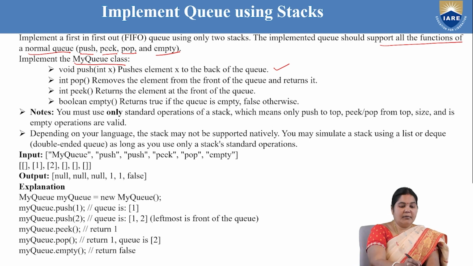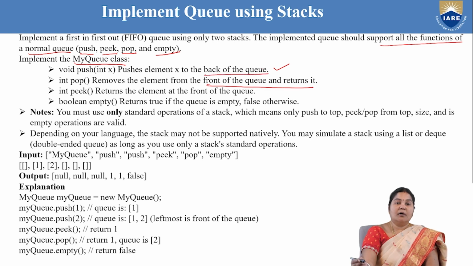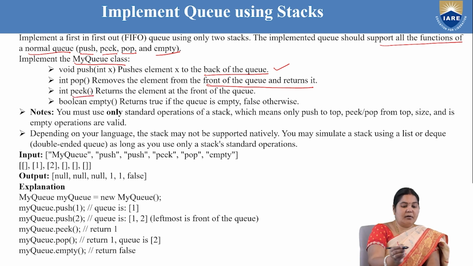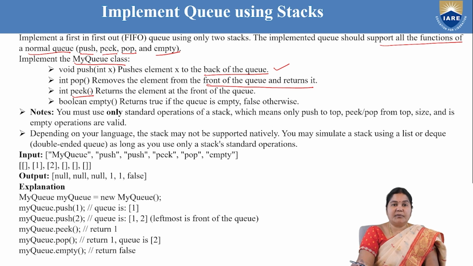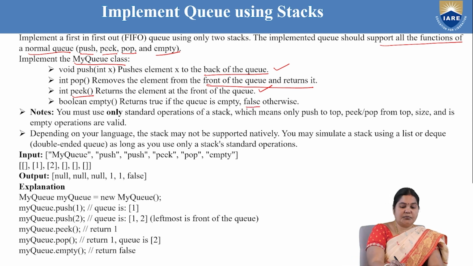Pop removes the element from the front of the queue. So through the push and pop functions of a stack, we are implementing queue operations over here. Next, peek returns the element from the front of the queue. And boolean empty returns true if the queue is empty, otherwise false.